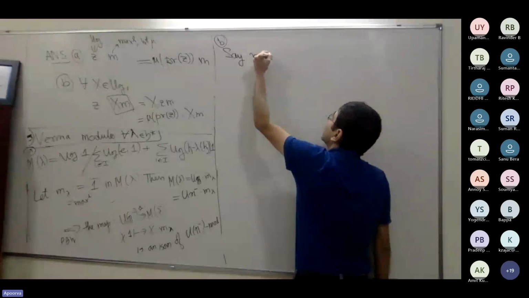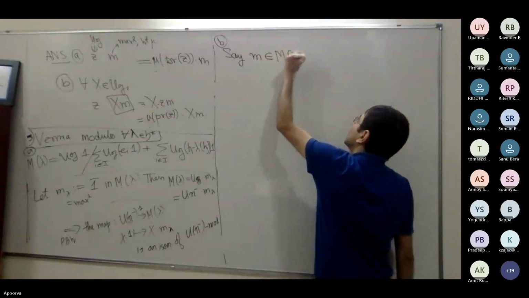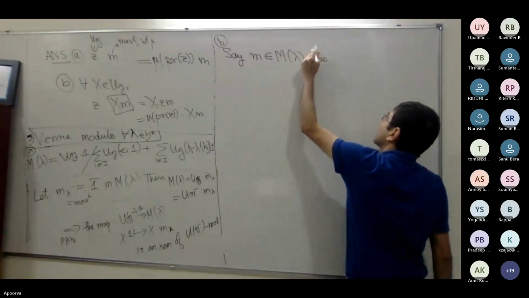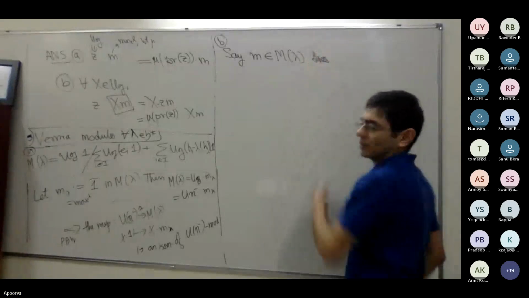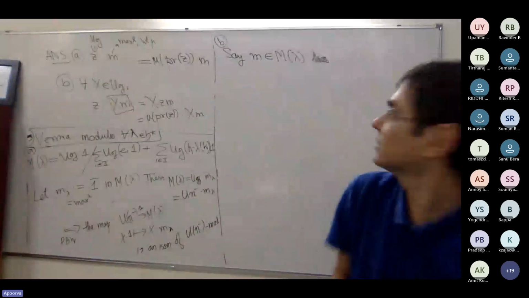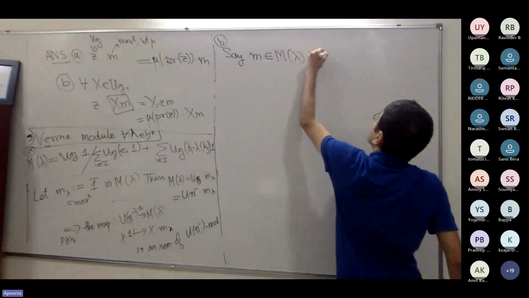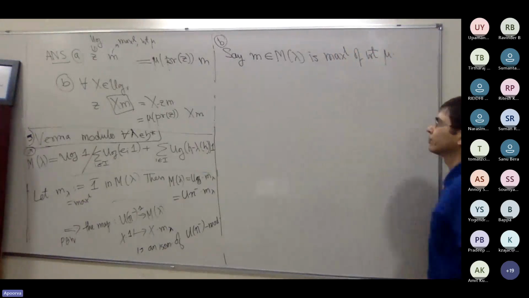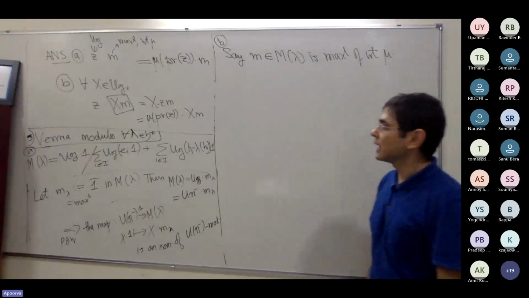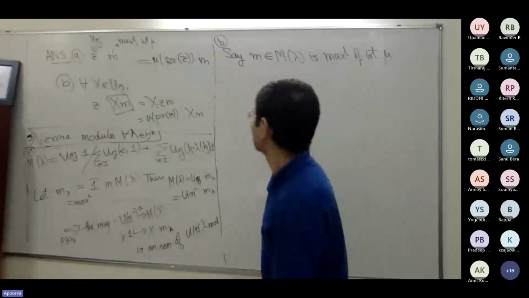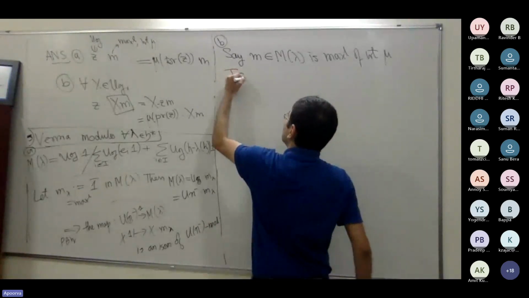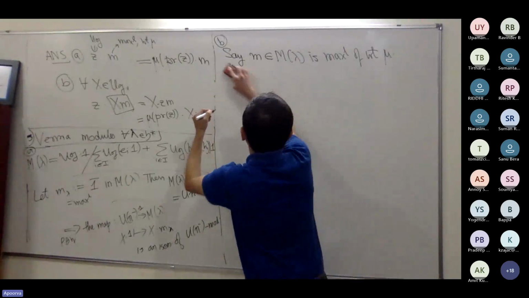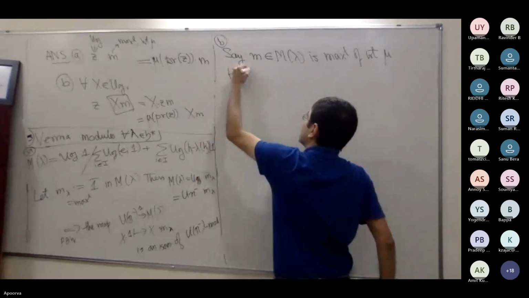So say M in M lambda is maximal. What can we say about it? Is there a connection between them? Is there R lambda and mu?